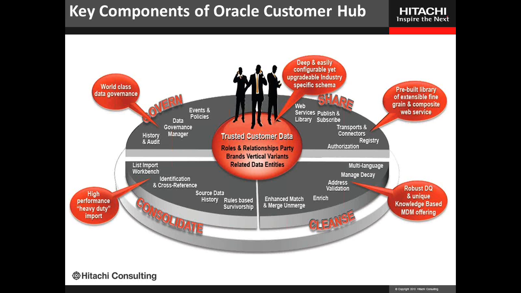So if an address change is coming from an ERP system and from a CRM system, because the weightage of the CRM system is higher, the CRM system change would be updated in the hub and it will be published back to the ERP system. And it could be vice versa when it comes to a product. For a product, ERP will have the maximum weightage and CRM will have less weightage. So net, the idea is that you can define the strength of your source system to update the hub.